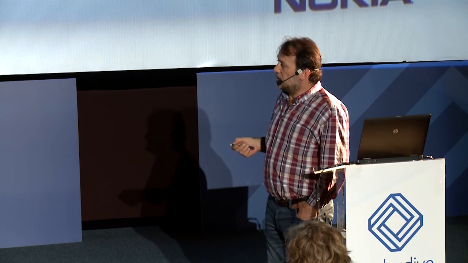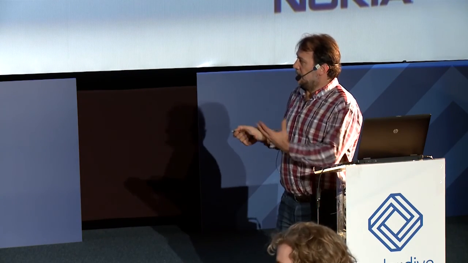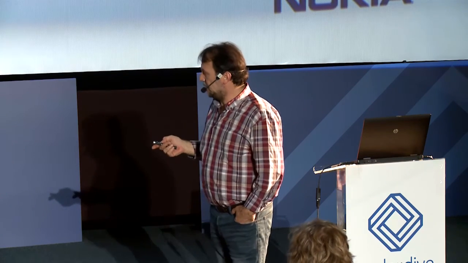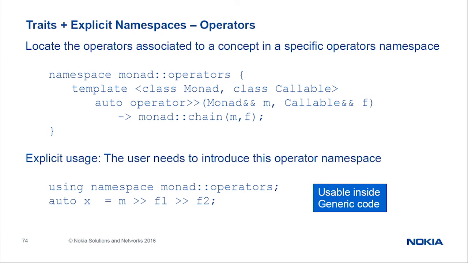Here, we are overloading these functions in a deep way. We have one operator, two operators that are overloaded. It is tricky. If we have an error, it is quite complex to find out. Okay, then we can define these operators on a specific nested operators namespace.